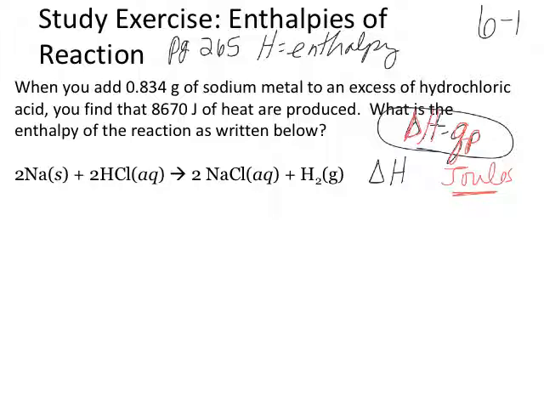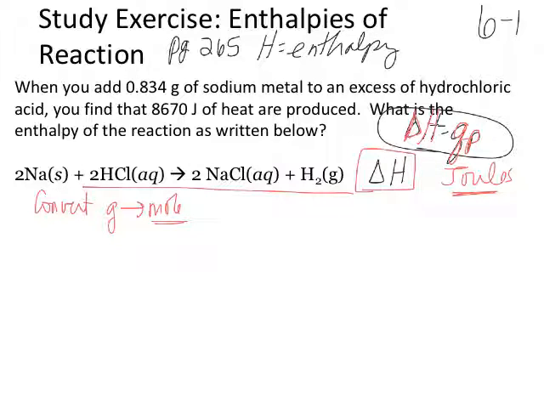In this problem, you're going to want to convert the grams to moles, because when we're dealing with delta H of a reaction, we work in moles. The problem gives us 0.834 grams of sodium.